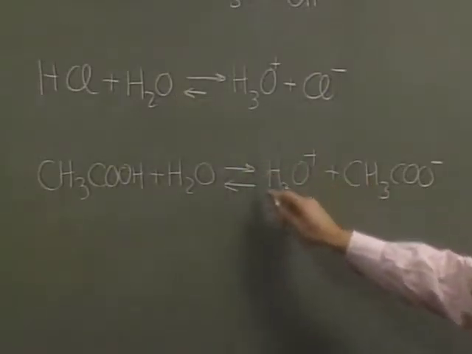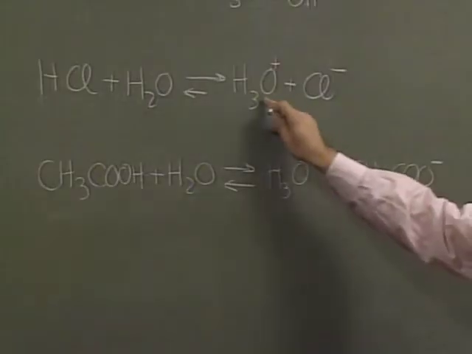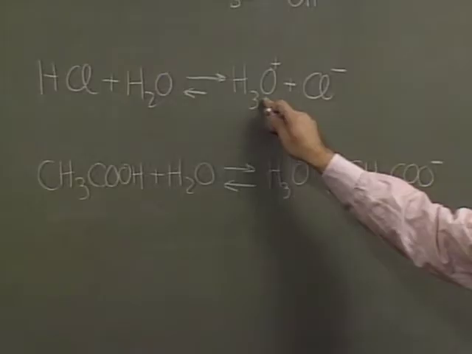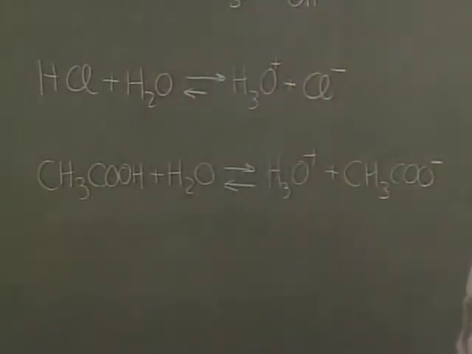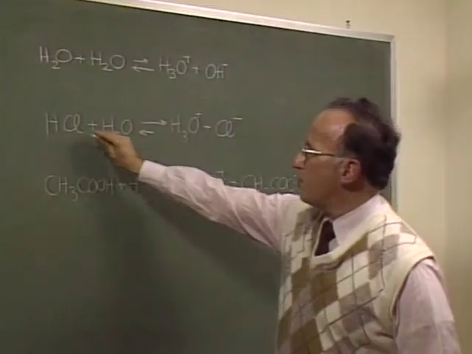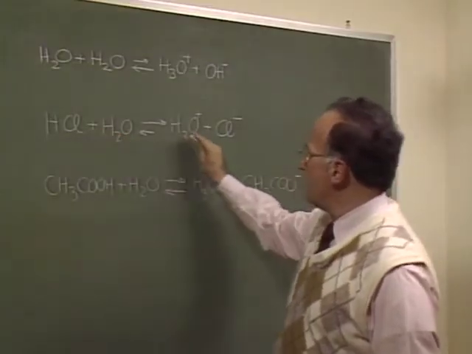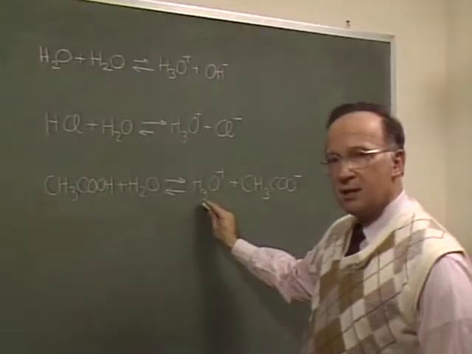The number of hydronium ions in the solution of a weak acid is much less than those in the solution of a strong acid. Both of them are bigger than there would be in the water equilibrium itself. We've seen that in a solution of a strong acid, such as hydrochloric, there are many more hydronium ions in solution than there are in the case of a weak acid.